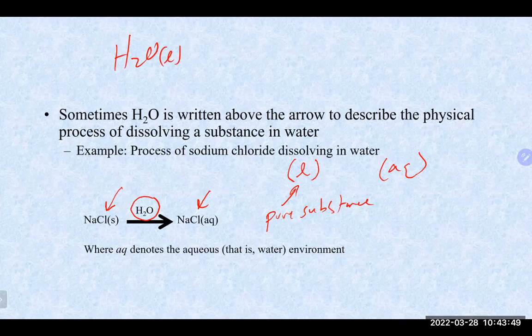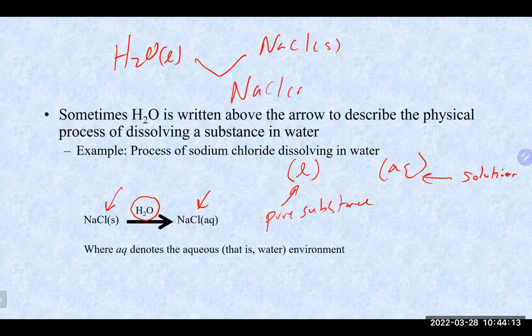Something that is aqueous is typically what is referred to as a solution, which is a homogeneous mixture. And basically it's made usually by taking something, for example, like water, and taking something and dissolving it in it. So if you took water and took some solid sodium chloride, like we see on the bottom there, and the sodium chloride will dissolve in the water, you will get a sodium chloride solution, which will get the aqueous symbol.